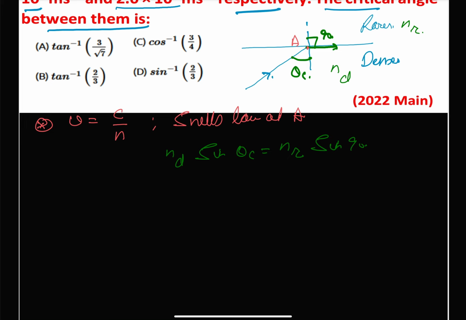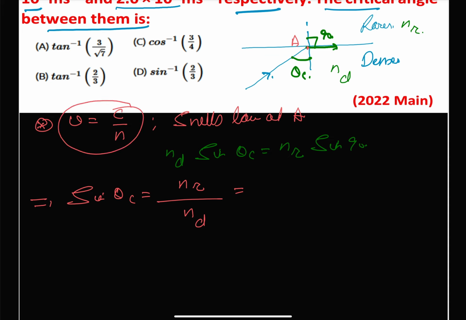So we can say from here that sine of theta c will be equal to, sine 90 is 1, the refractive index of the rarer medium divided by the refractive index of the denser medium. In terms of velocity in the particular medium, we can use this expression.